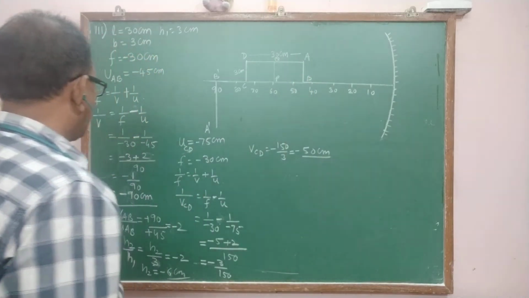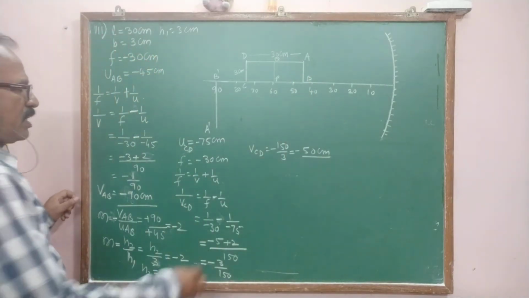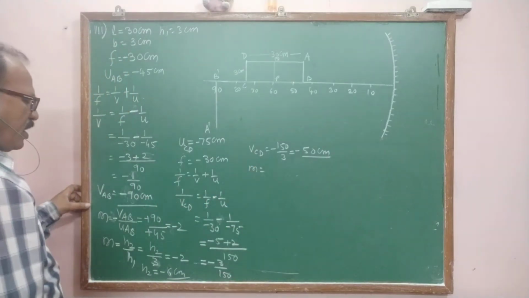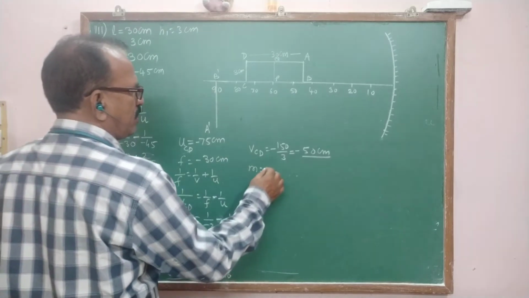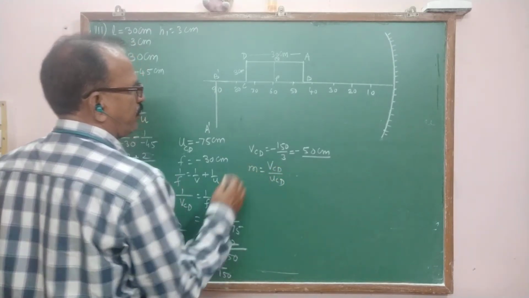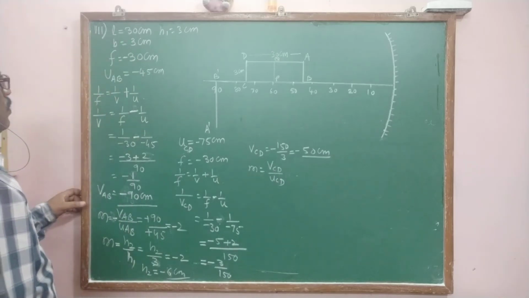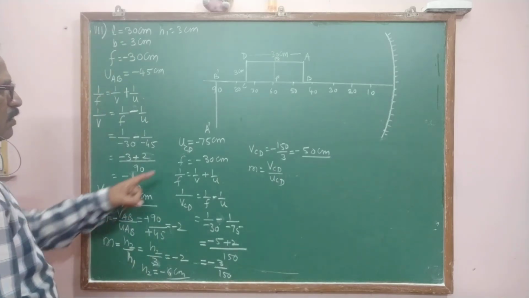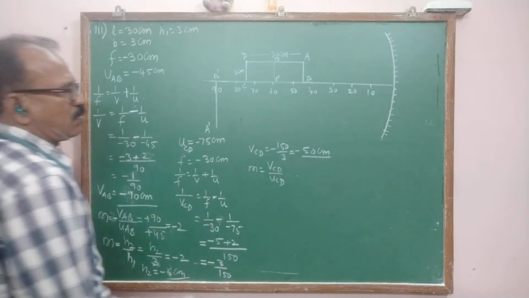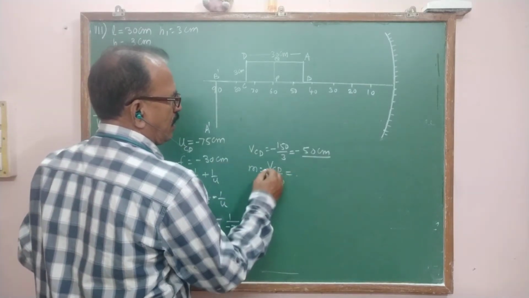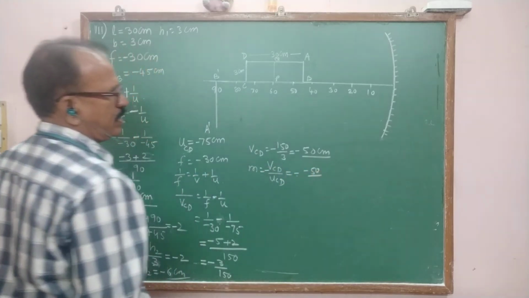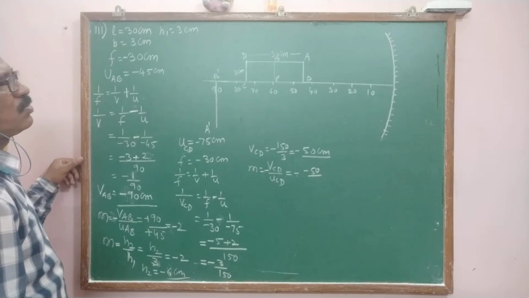Then again magnification. Magnification M is equal to VAB upon UAB, that means VCD upon UCD. VCD is equal to minus 50, minus of minus 50 divided by UCD, equal to how much?